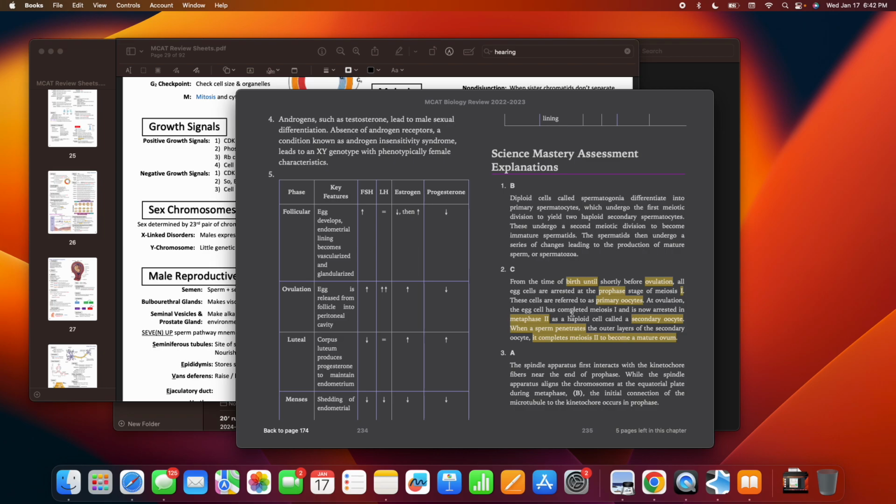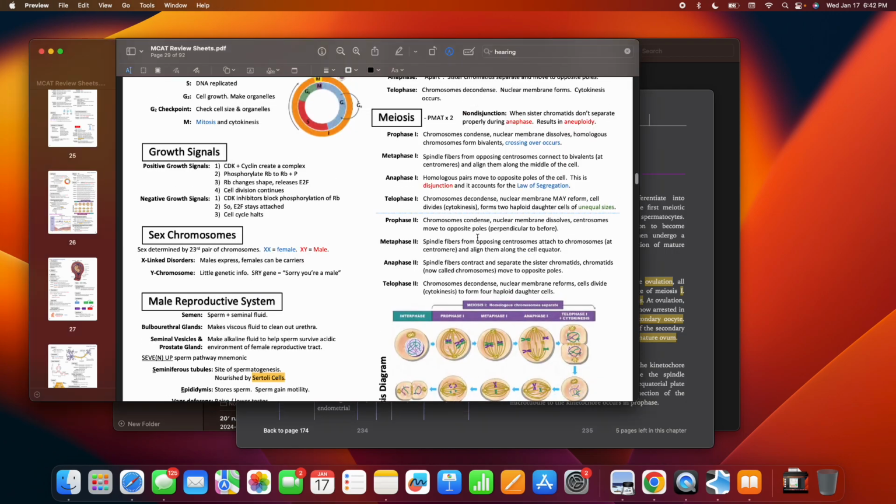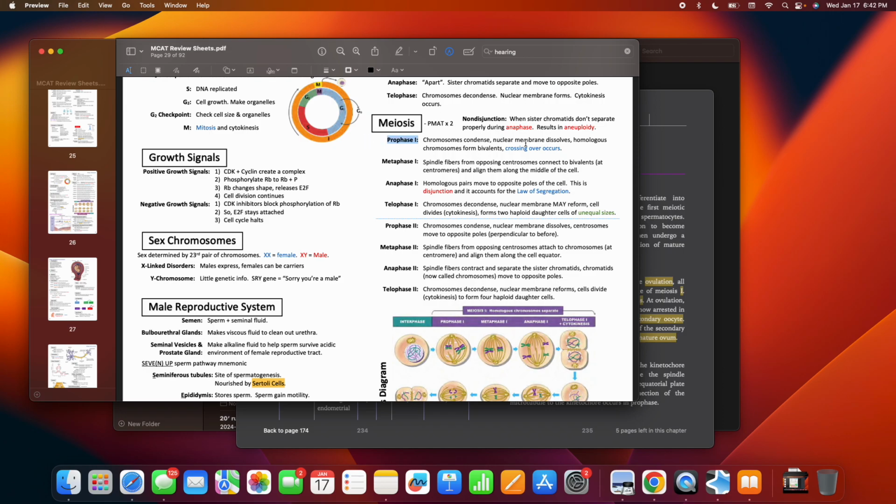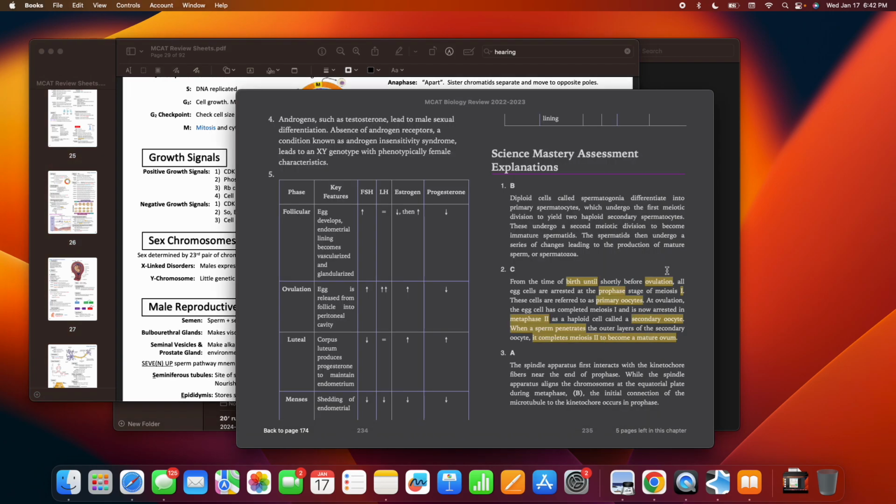So for the egg cells, from the time of birth to just before ovulation, all egg cells are arrested at the prophase stage of meiosis 1. So prophase 1, it's this one. It's just the crossing over, right? And so they're arrested here, they stop here.